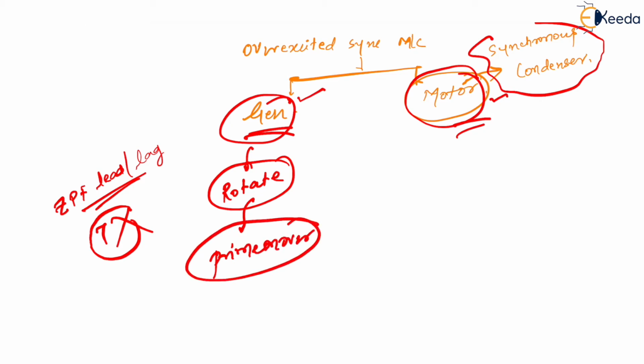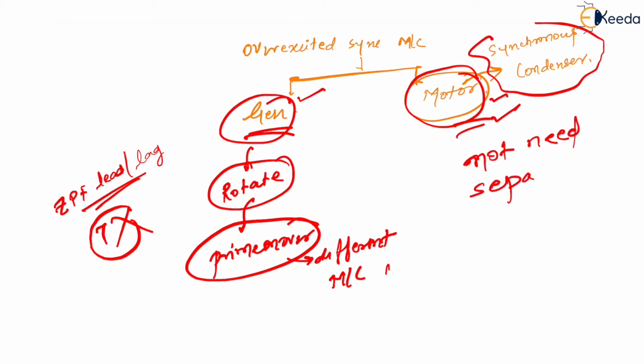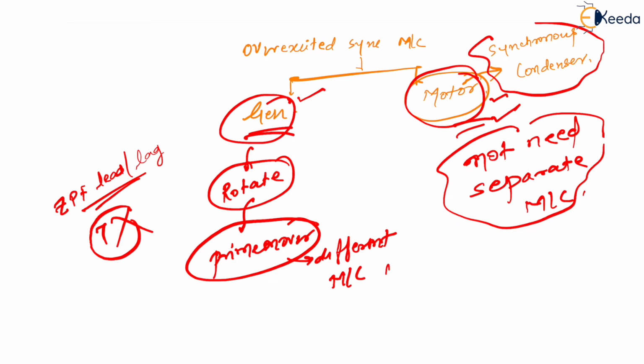The moment you use a prime mover, it means you definitely need a different machine in order to rotate it. Whereas if you think of a motor, you do not need an extra or separate machine. This is the reason why we use the synchronous motor only as a synchronous condenser.